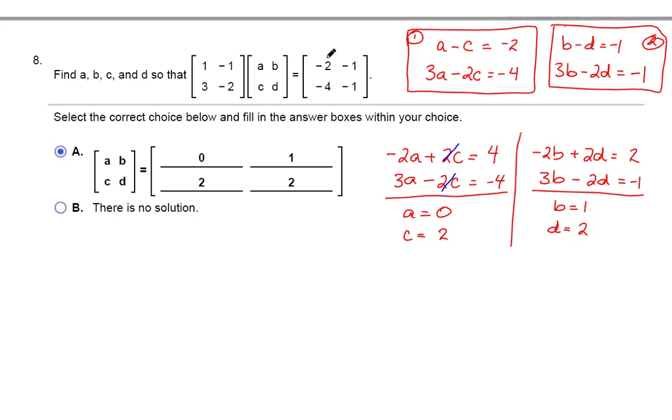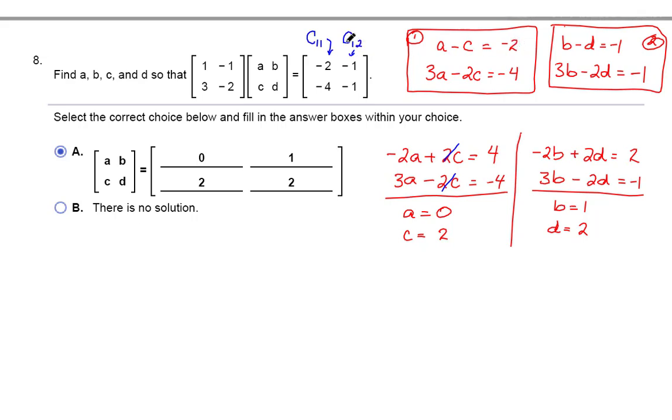Well, let's see. Remember that this answer is C11. This one is C12. So how do I get the minus 2? First row, first column. So 1 times A is A, minus 1 times C, and it has to be minus 2.